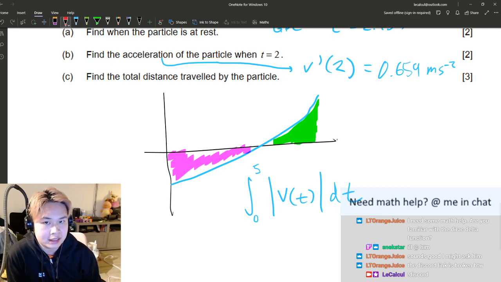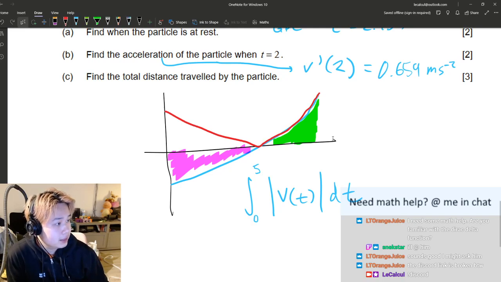Because what this does is you're taking the absolute value of the graph. So all of this stuff just becomes positive, and it has the same size area. And then when you integrate from 0 to 5, you're just adding this area and this area together, and they don't cancel out like these two areas do. Because this would be technically a negative and this is a positive, so when you add them together you get a smaller number.